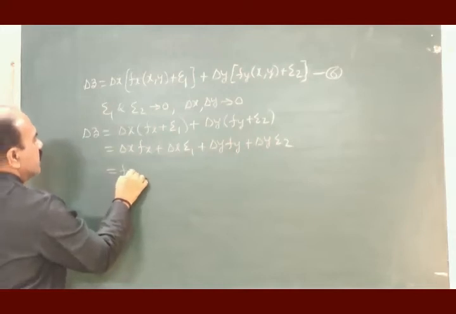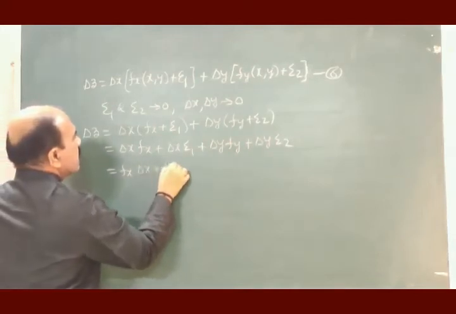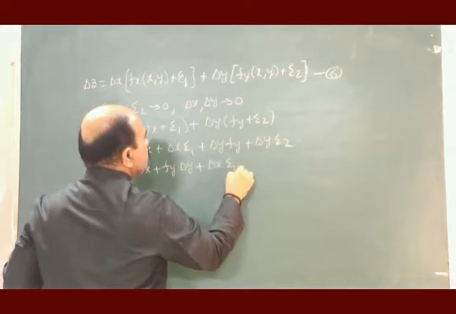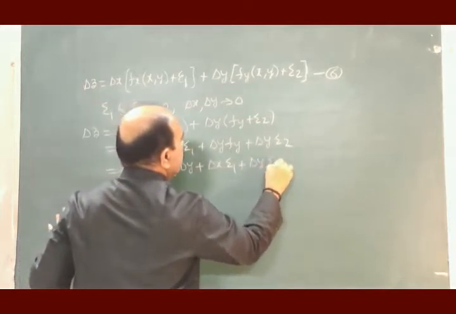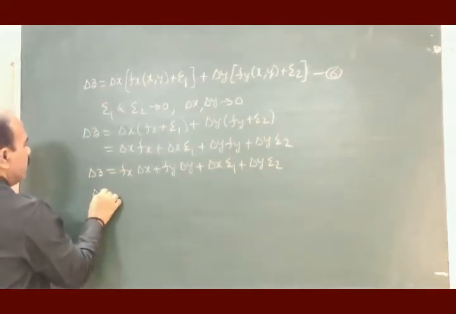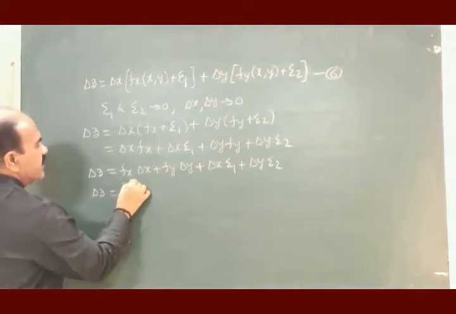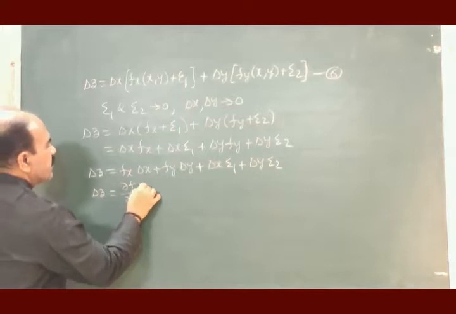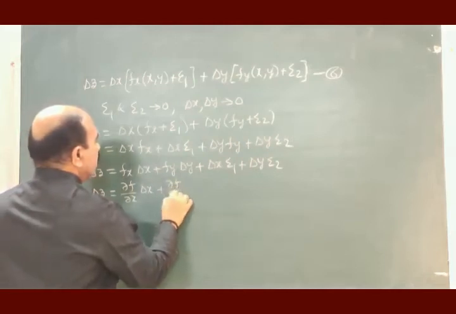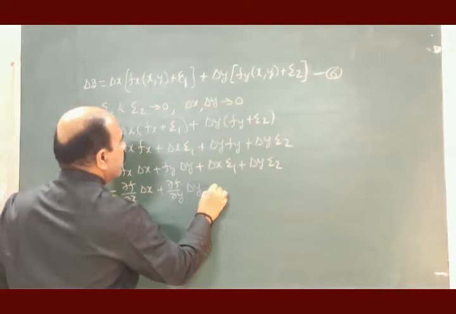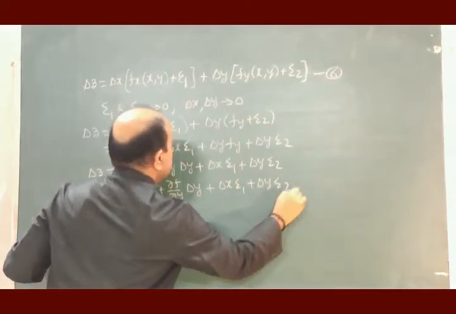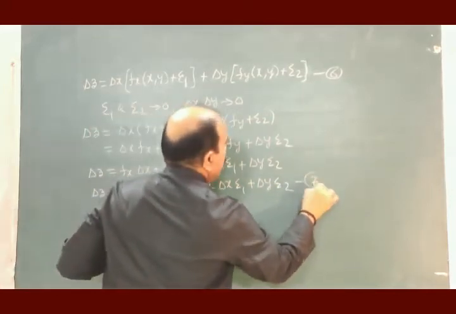This is fx delta x plus fy delta y plus delta x sigma 1 plus delta y sigma 2, or delta z is equal to fx, which is dou f by dou x, delta x plus fy, which is dou f by dou y, delta y plus delta x sigma 1 plus delta y sigma 2. Equation number 7.